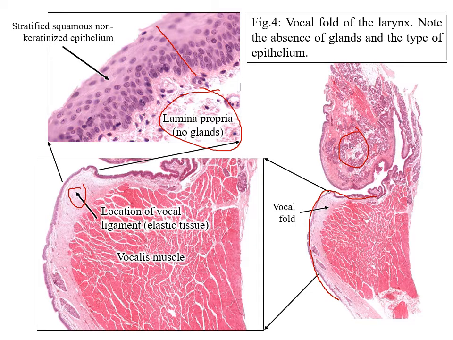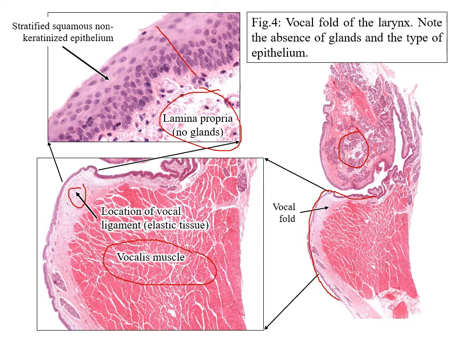Vocal ligament is formed of dense elastic tissue. And of course, we cannot see the elastic tissue without special staining, so we cannot see it with these normal stains. But this is its position. Also, we have this large skeletal muscle, the vocalis muscle.